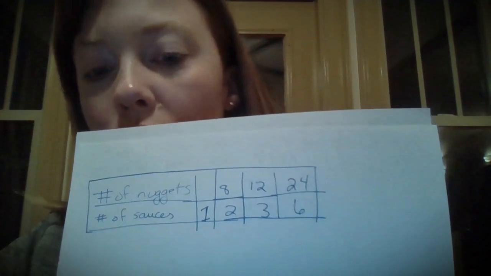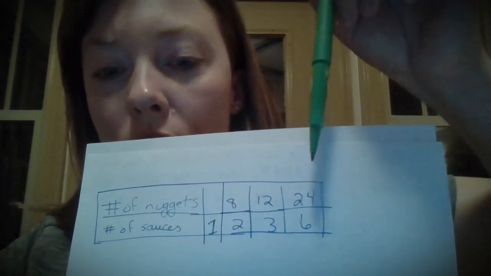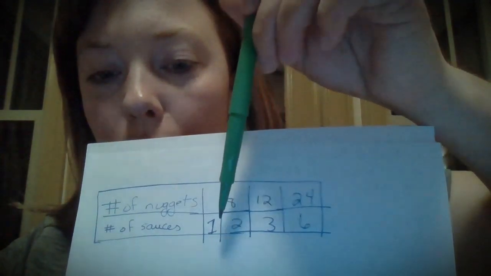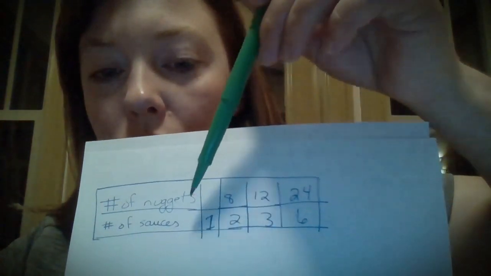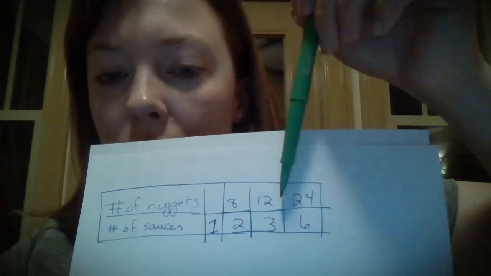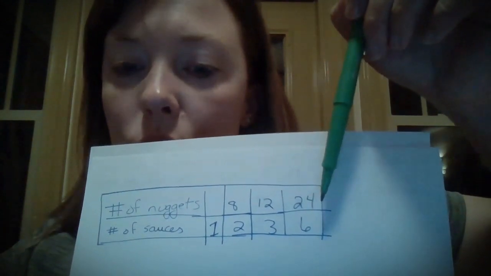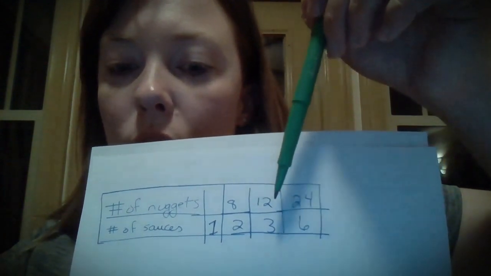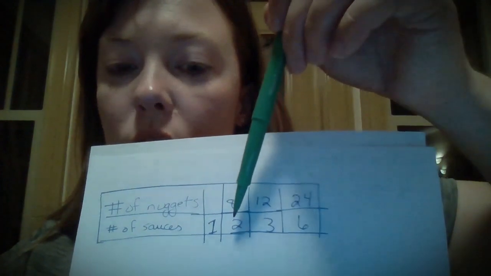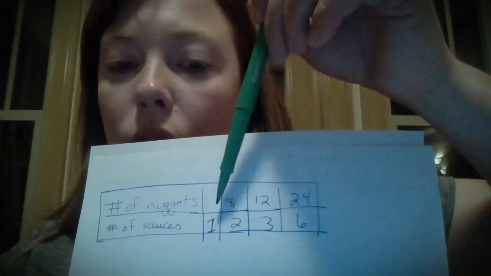So when we did ratio tables, if you remember, you could go a couple different ways. You go 8 divided by what gives you 2, 12 divided by what gives you 3, and then 24 divided by what gives you 6. Or 6 times what gives you 24, 3 times what gives you 12, 2 times what gives you 8. So we had to figure out this missing number.